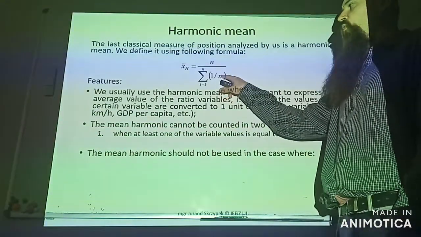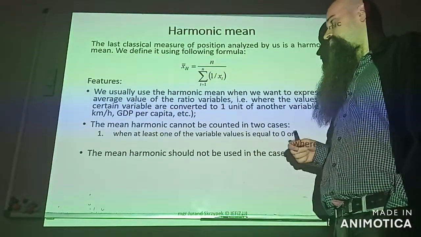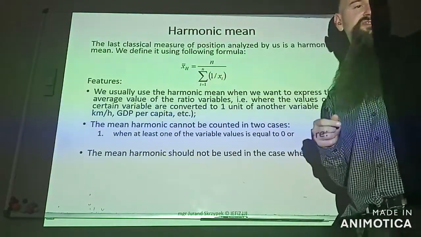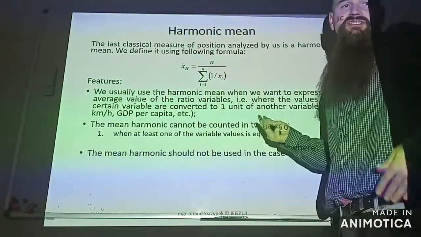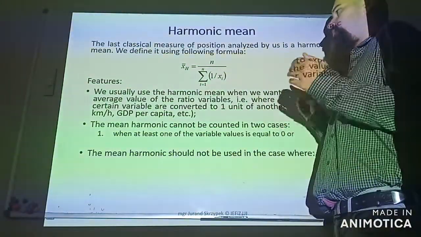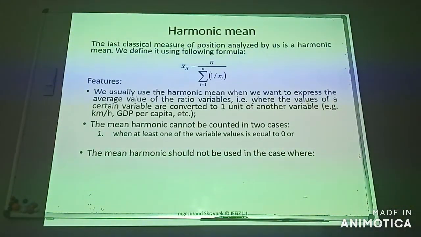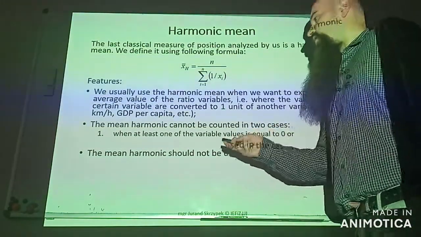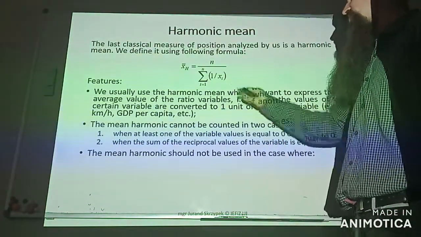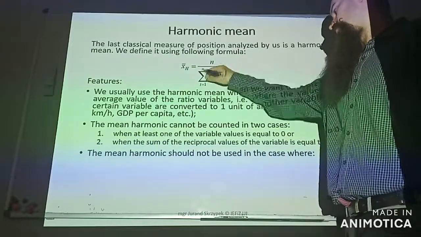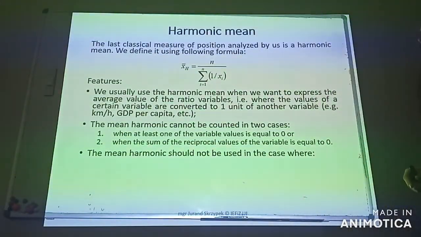When only one value is equal to 0, we can't divide 1 by 0, so we are not able to compute harmonic mean. And the second situation is when the sum of the reciprocal values of the variable is equal to 0.